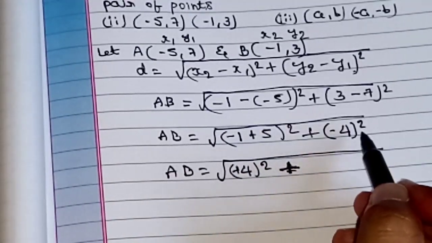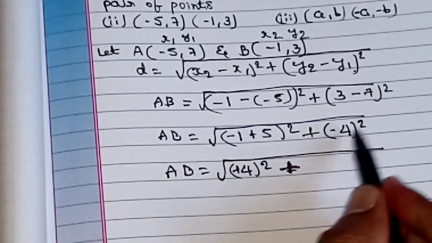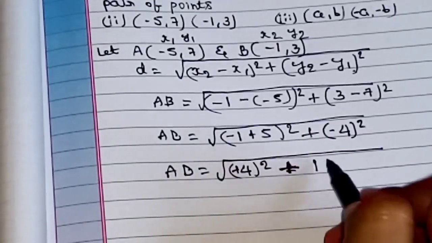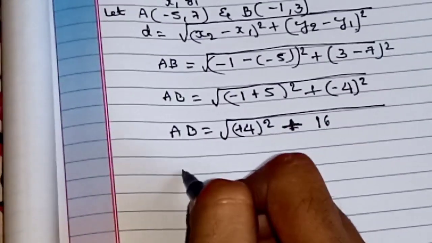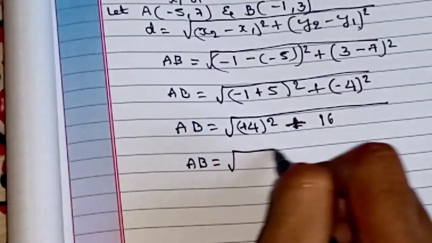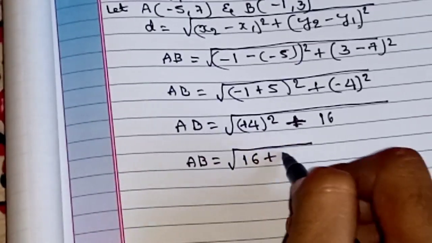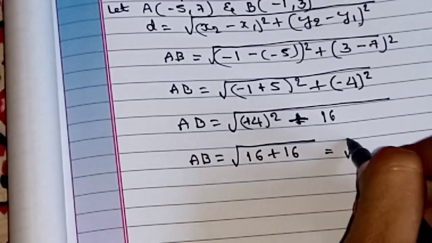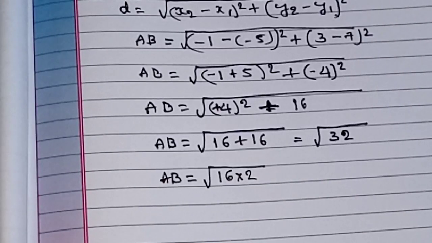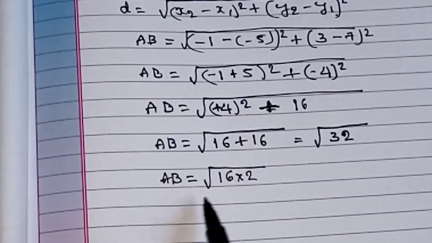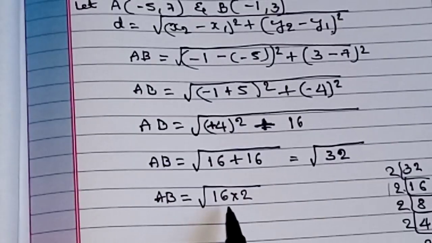So what is minus 4 square? I said already, children, any minus square will be plus. So 4 square is 16, and minus 4 square is also 16. Therefore AB is equal to square root of 16 plus 16, which is 32. Children, root 32 can be written as 16 into 2. What is the square root of 16?